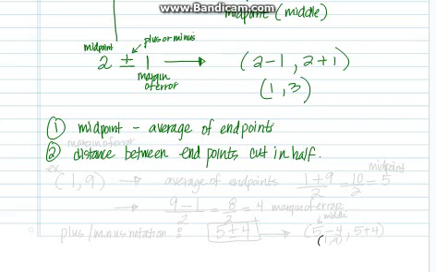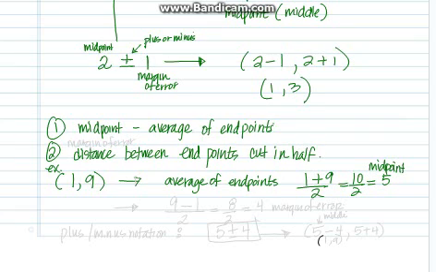So for example, let's look at this interval 1, 9. If I want to look at the middle without actually drawing a number line and trying to count and see where the middle is, I can say, okay, well, let's look at the average of the endpoints. To find the average, I'm going to take the endpoints 1 and 9, add them together, and divide by 2. That gets me 10 over 2, which is equal to 5. That's going to be my midpoint.